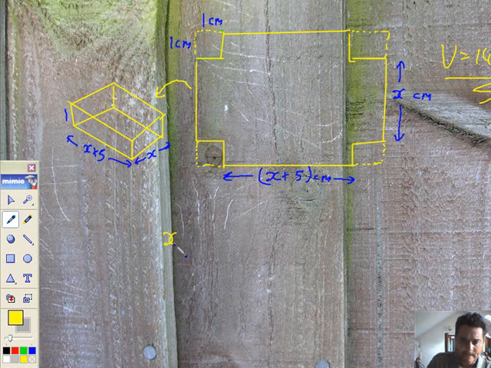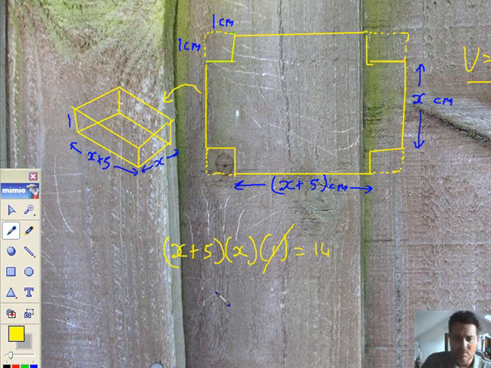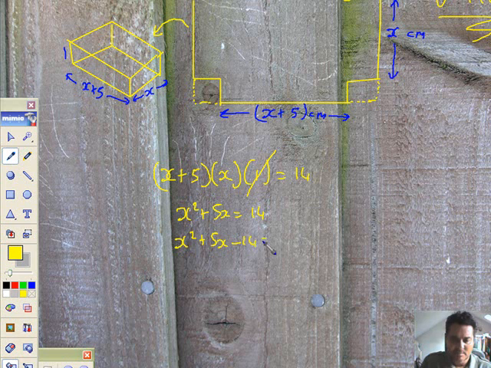It's going to be the length multiplied by the width multiplied by the height, and this should all come to 14 centimetres cubed. Tie this up a little bit, ignore the 1, so if you multiply by 1, nothing changes. Multiply this out, I've got x squared plus 5x is 14. Create a quadratic: x squared plus 5x minus 14 equals 0.